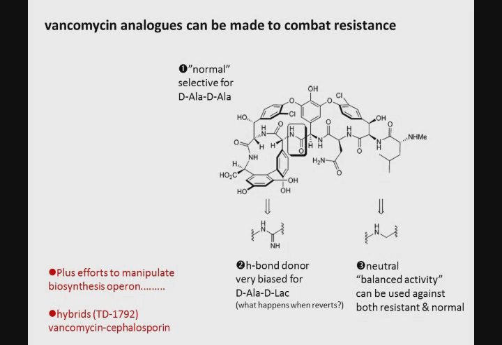Okay, so you've got the normal case where vancomycin here has this oxygen that selects for the peptide linkage. And what you could do is manipulate this so if it binds the D-Ala-D-Lac, you could make that a nitrogen in this case, and then you restore the hydrogen bond interaction, right?